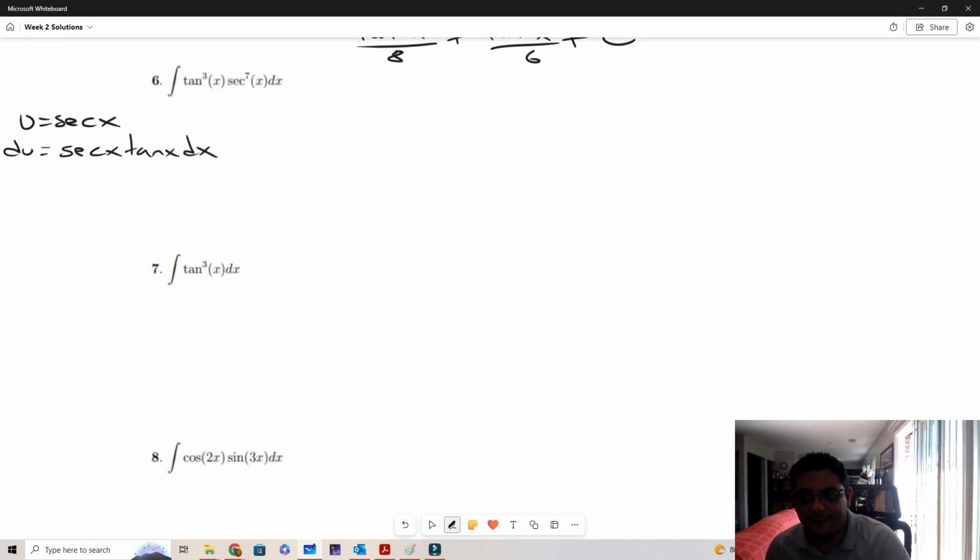And so what's going to happen is that I can just take one of each of the elements here. So I'm going to have tangent squared secant to the 6, and I'm going to have secant times tangent of x dx. So I remove one from each of them to have them be the du.